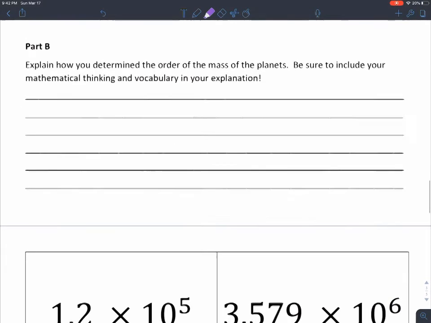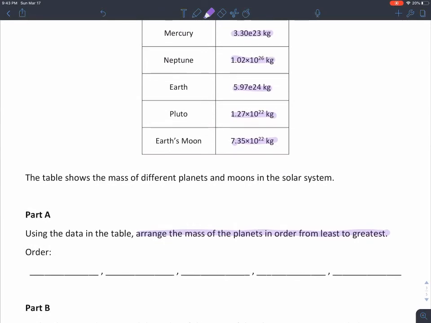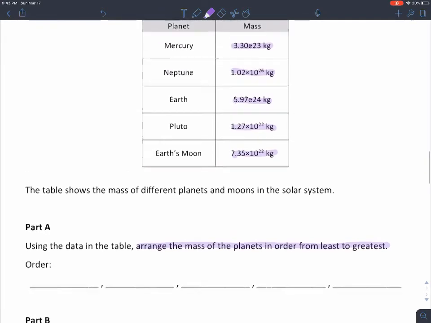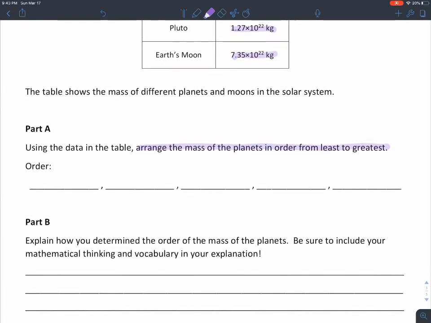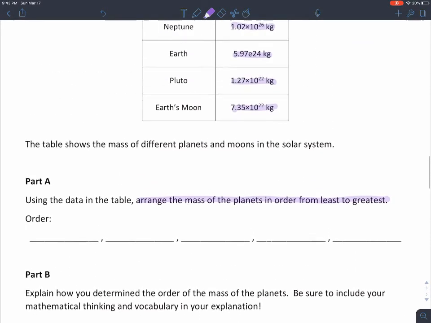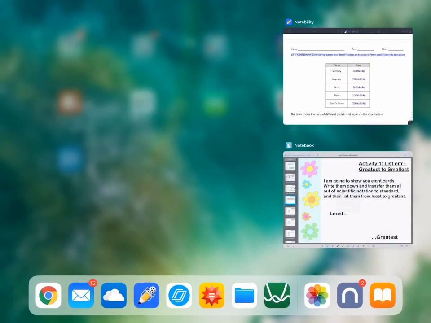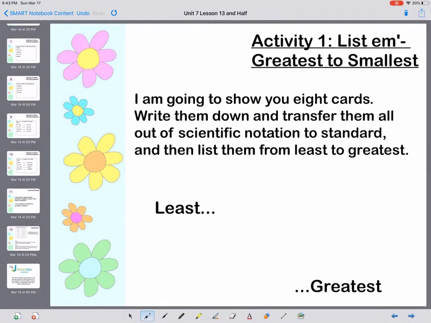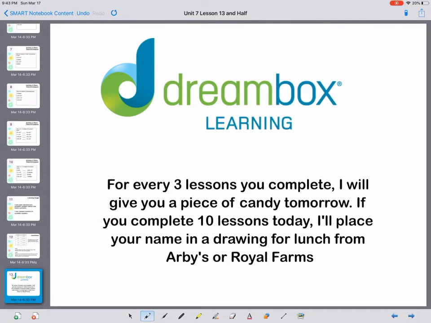And then part B, you're going to explain to me how you determined the order of the mass of the planets. If you found some shortcuts or however it is that you listed those in order from least to greatest. When you're done with that, you're going to place that in the inbox, your blocks inbox. And after you are done with your cool down for the day, I have a challenge for you.